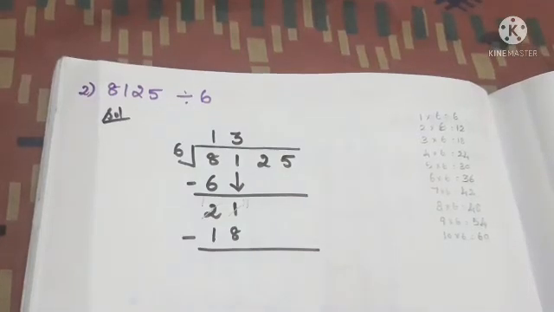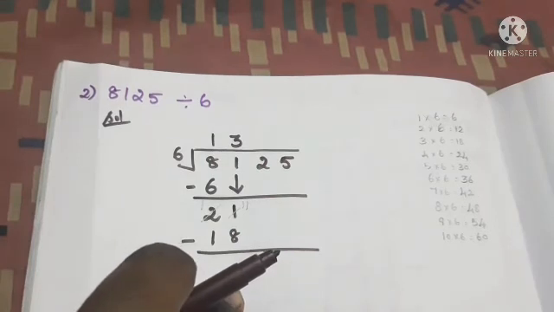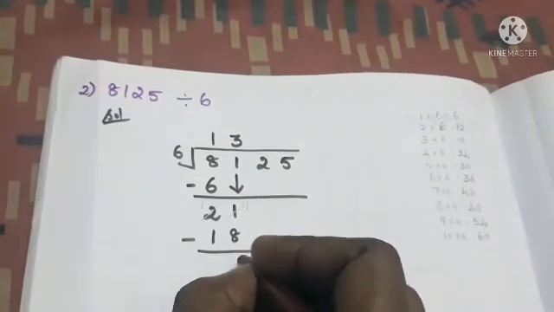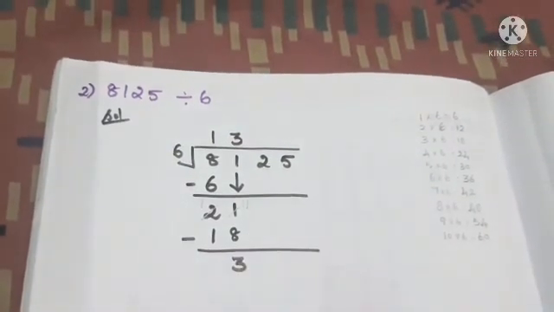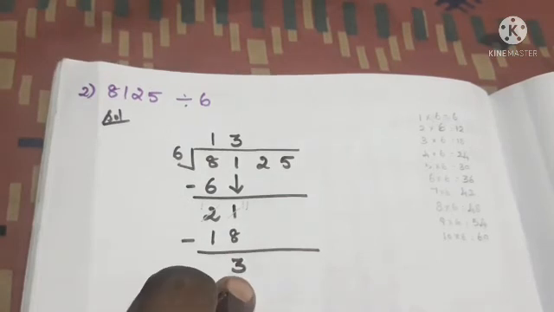Now we have 11. So 11 minus 8 is what? 3. We can write the 3. And next 1 minus 1 is 0. If you want you can write it, otherwise we can leave it. So we got the remainder as 3 now.